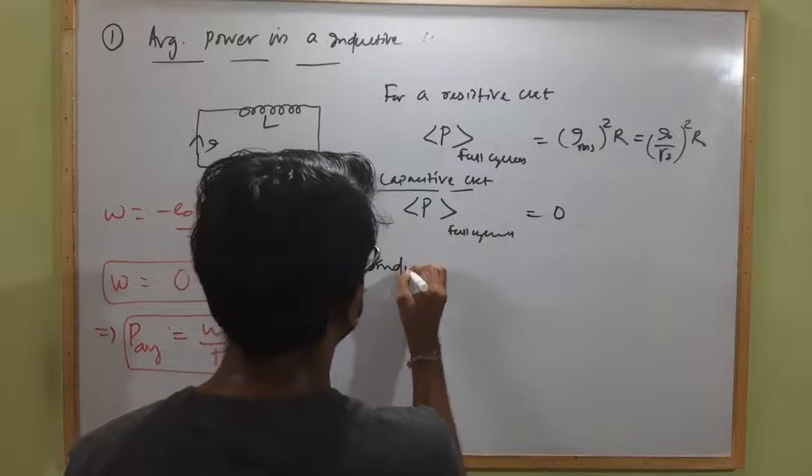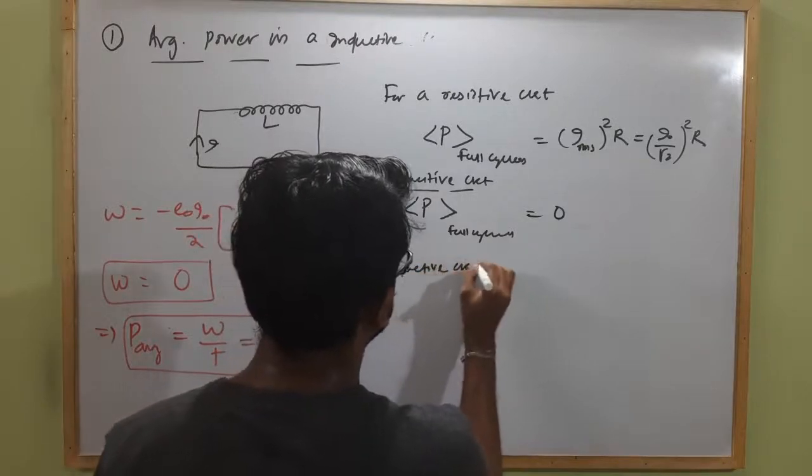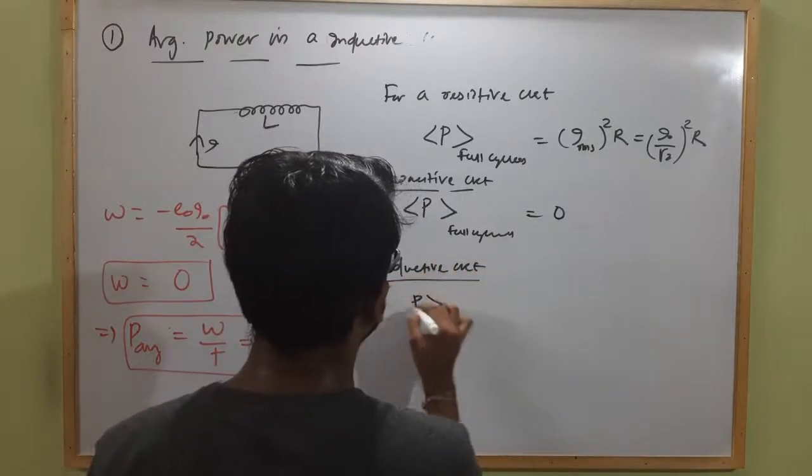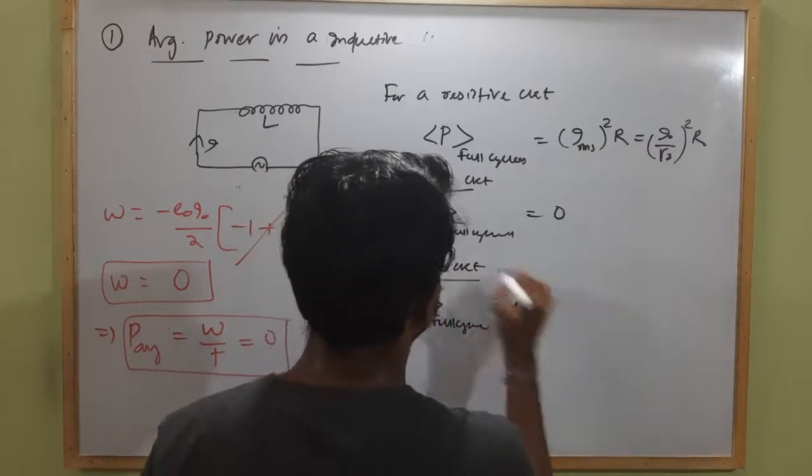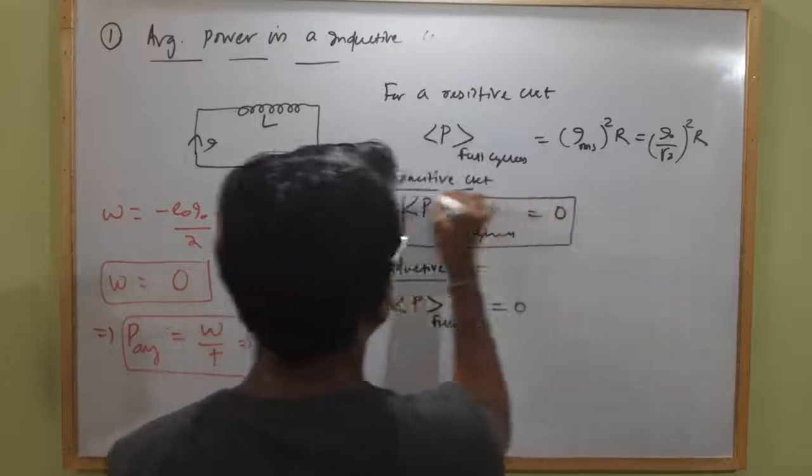The inductive circuit, P average over a full cycle equal to 0. So you have to remember this.